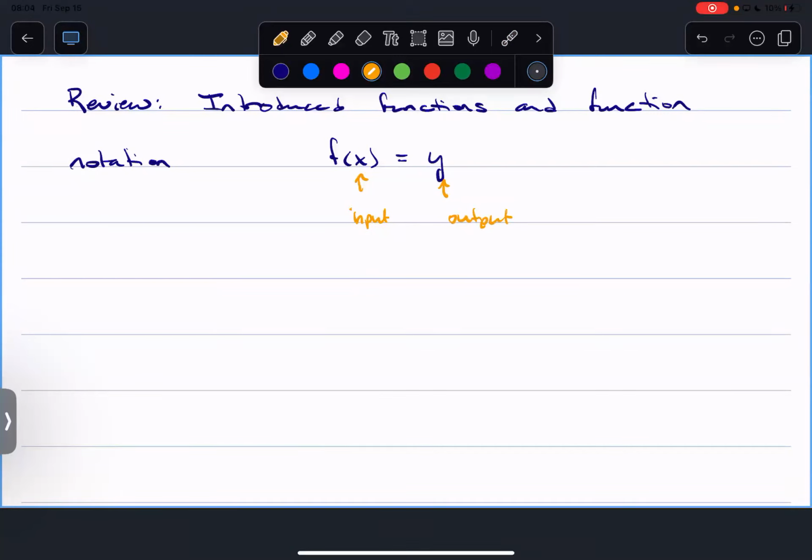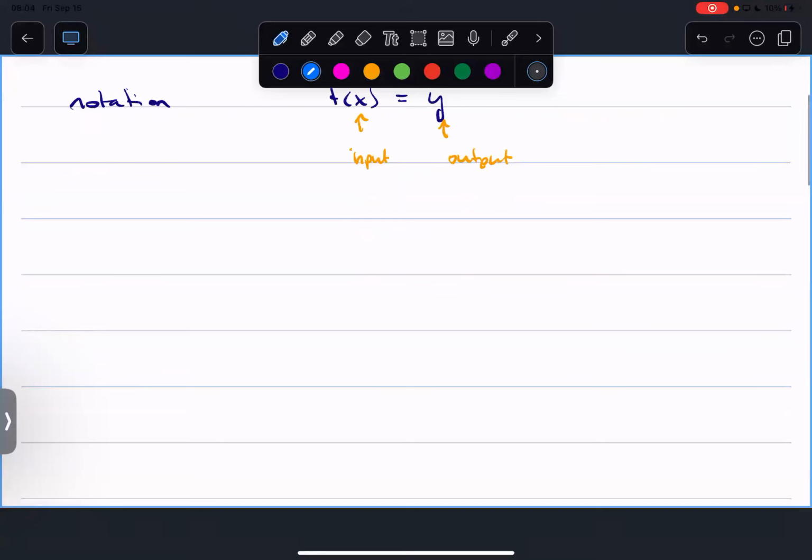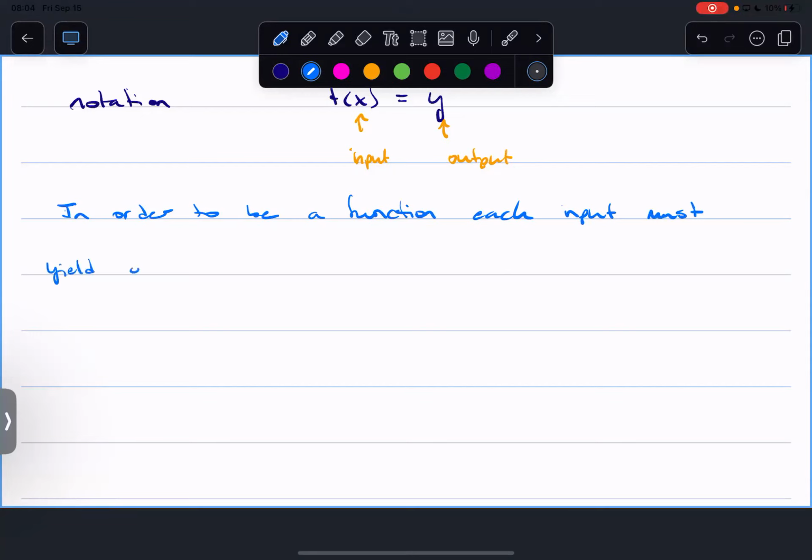So in order to be a function, each input must yield only one output.